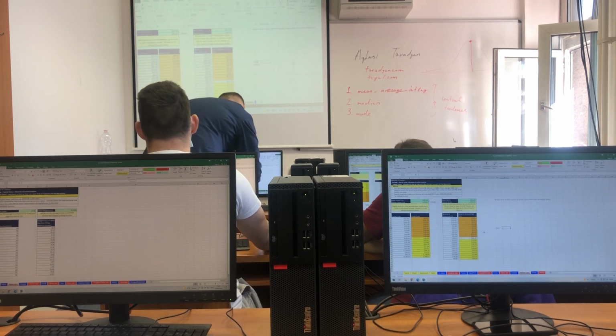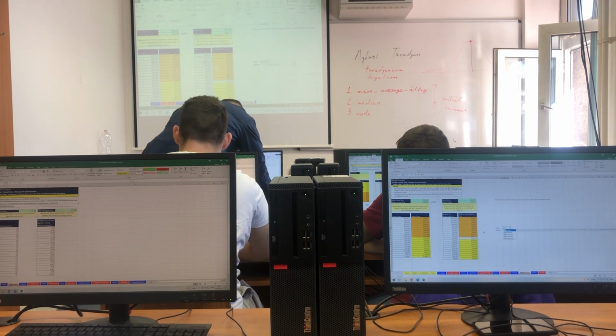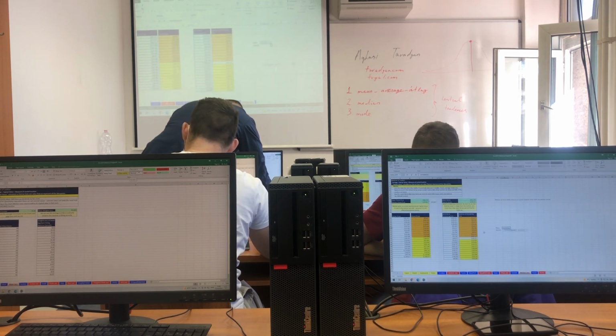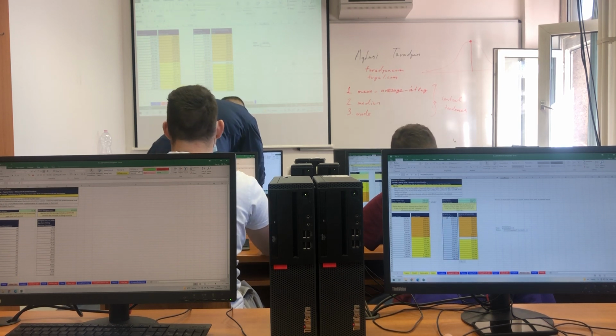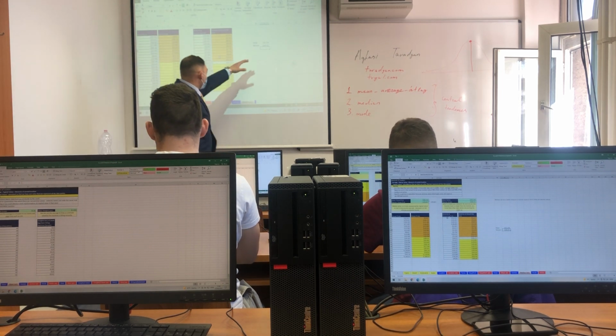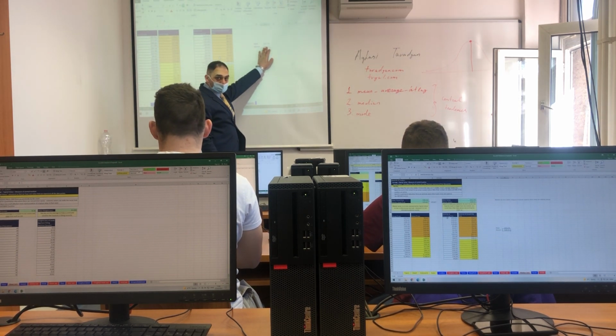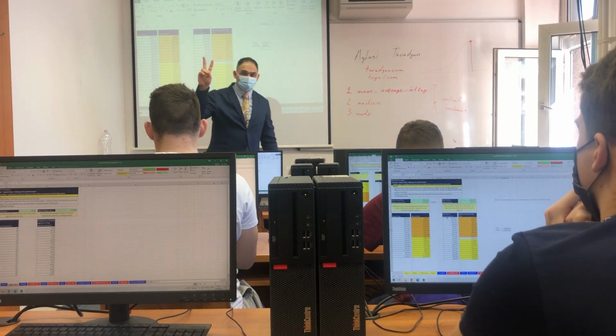I'll write equals average of all of these values, and this will be equals median of all of these values. Okay. And you see the median is around 110,000, which divides our sample into two equal parts.